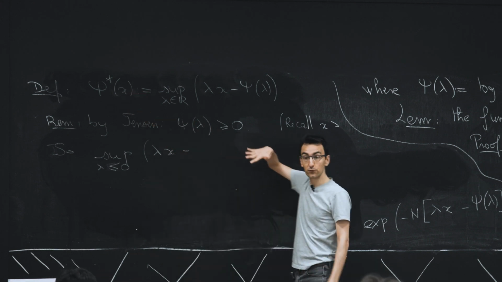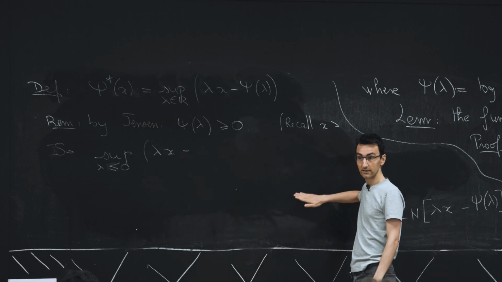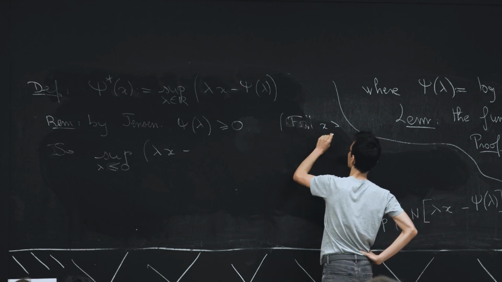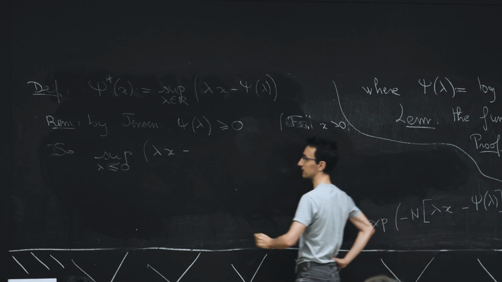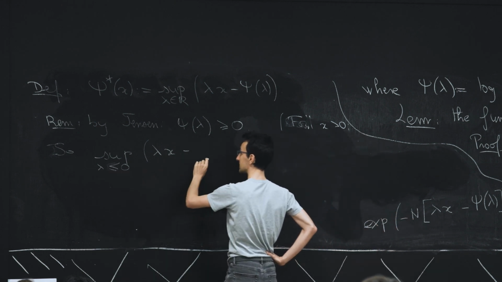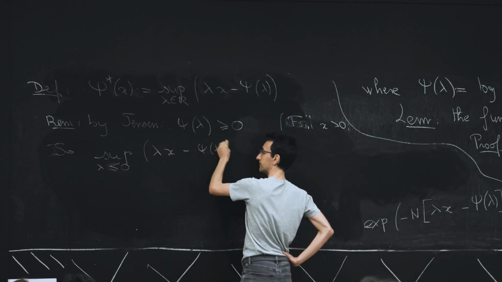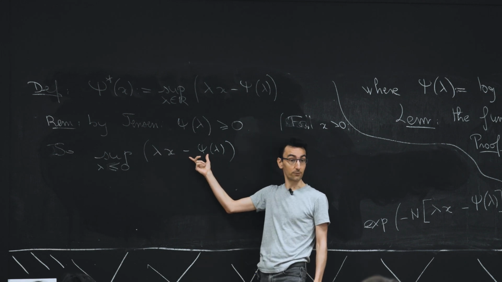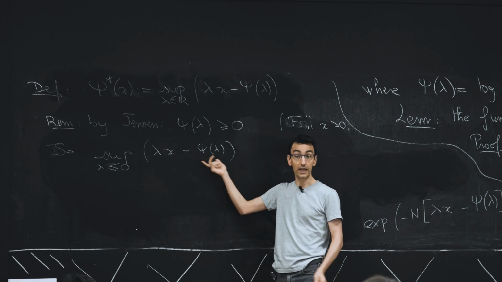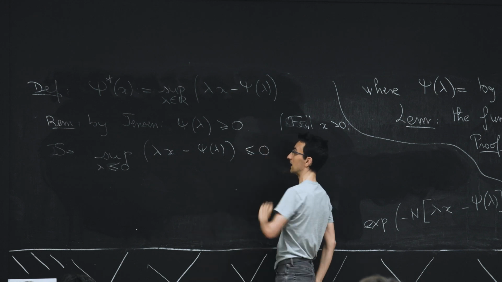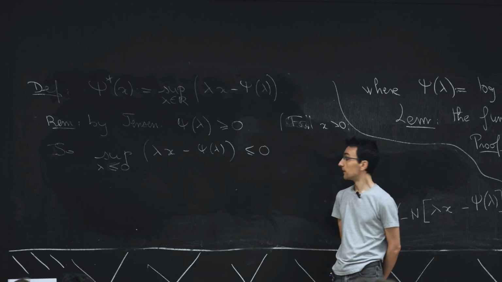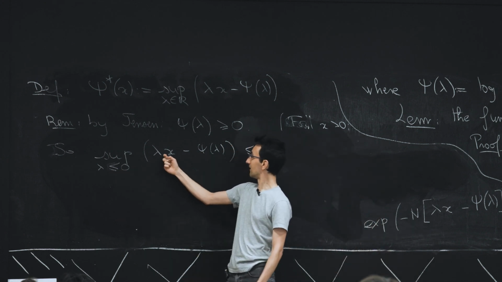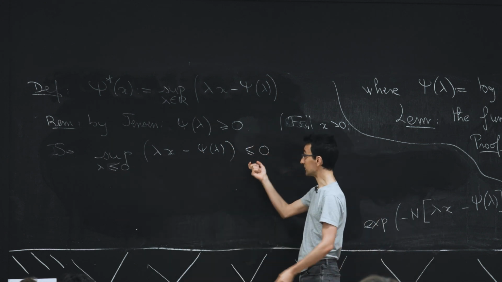But now if I'm back to the calculation I had done at the beginning, for x positive, we have that when I optimize over lambda negative, this is just negative, and then psi is positive, there is a minus sign, so everything is negative. And in particular, when I take lambda equals 0, I just get 0. So in fact, this is equal to 0.